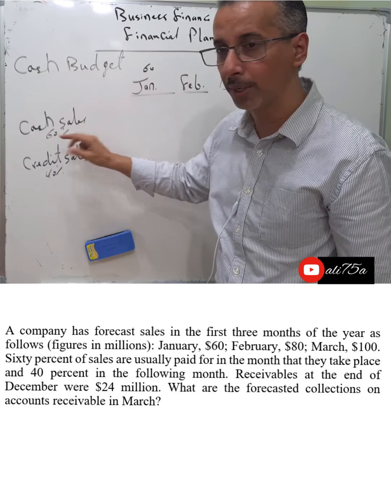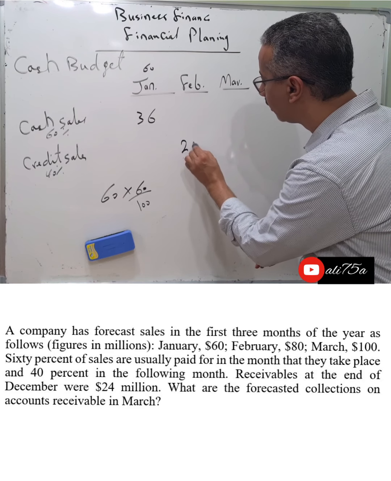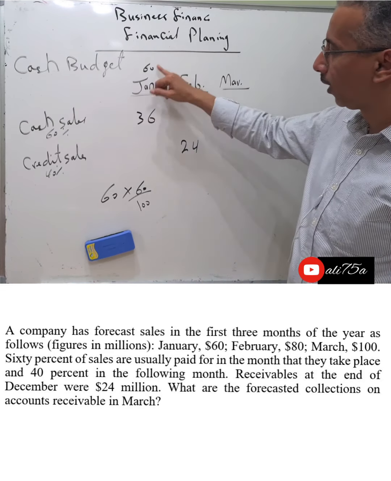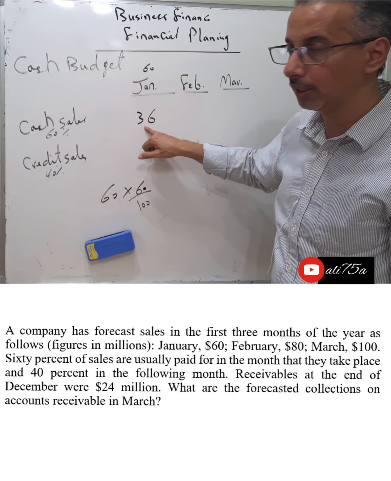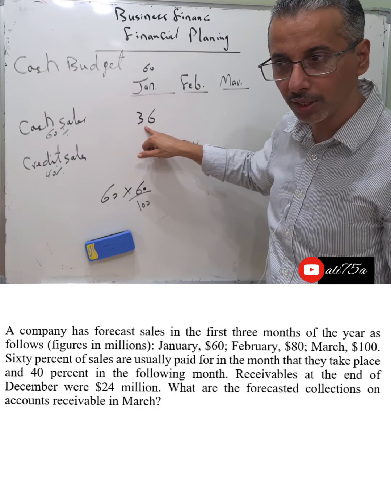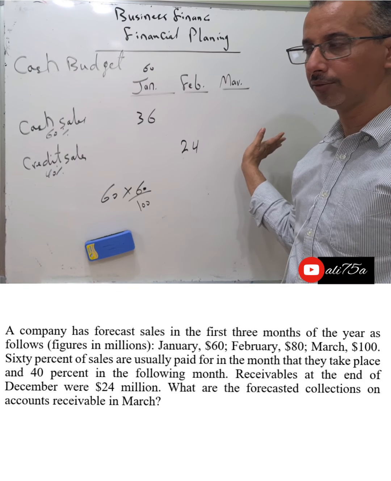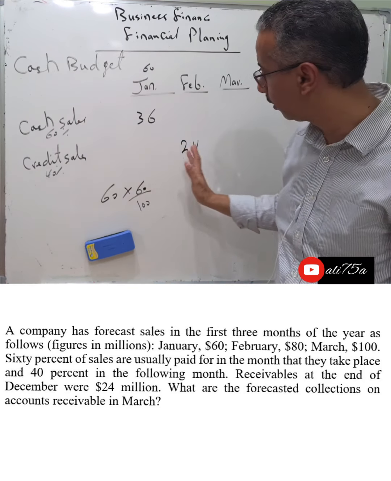It will be collected now. What about the other 24? 40% will be collected in the following month, in February. This is the 60 million: 60% of it collected in cash when we sell, and the remaining 40% collected after 1 month.